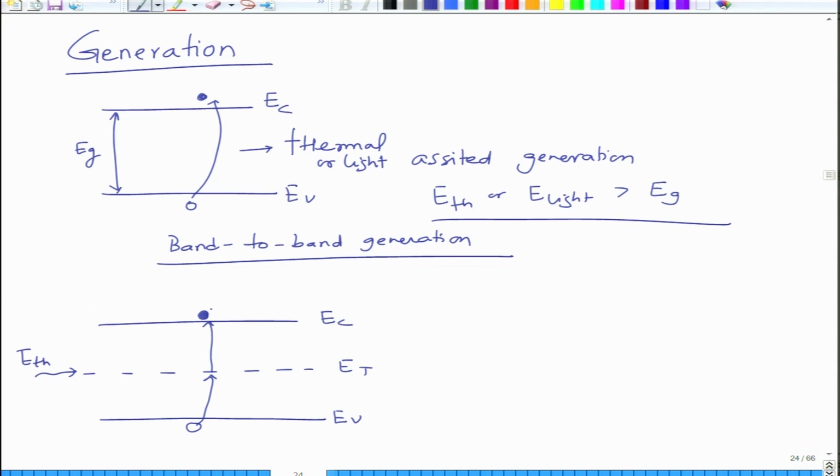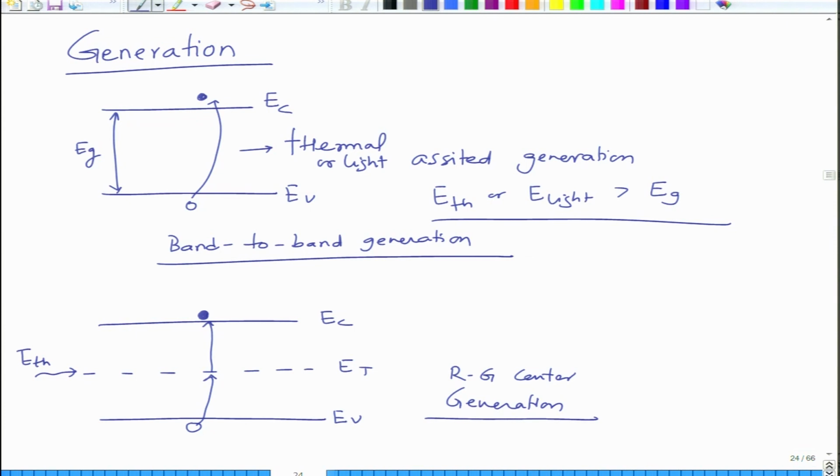So energy is provided in parts, you do not get all of the energy at once. So this is called RG center generation. Not very common, but is possible.